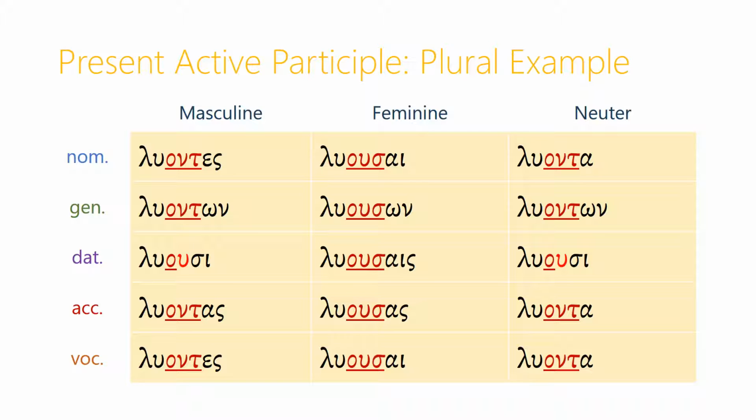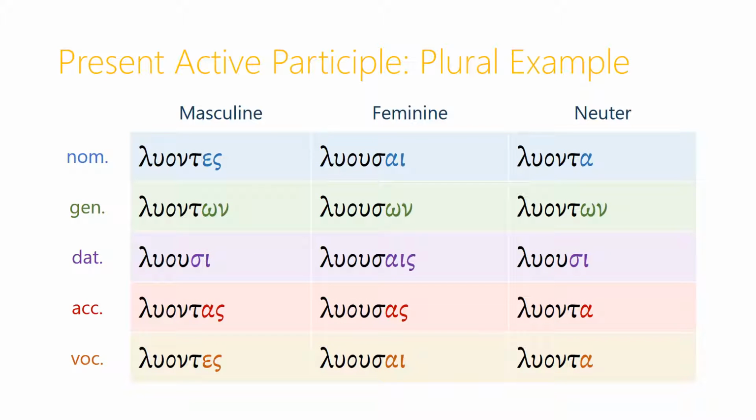So once you drop out the tau for pronunciation's sake, and in regular use, the sharp point on the nu gets rubbed off the bottom, and you get an upsilon. So we have λύουσι in the dative masculine plural and the dative neuter plural. But aside from that, these connecting vowels and tense indicators are all totally regular.